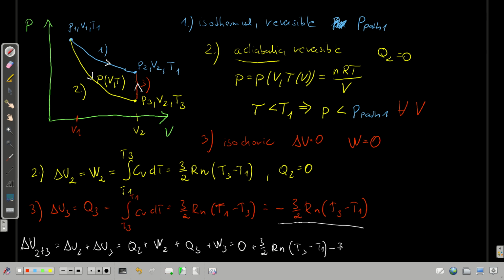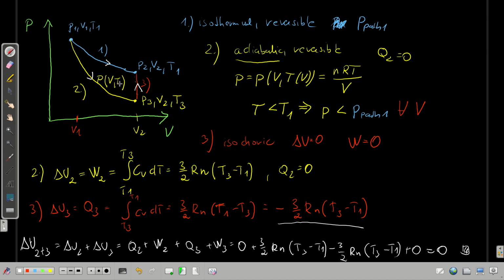It's minus 3/2 Rn (T3 minus T1), which is essentially the same term as here. And finally, in the third step, the isochoric process, the work is 0. So W3 is 0 plus 0. And since these two expressions cancel, everything equals 0, which we wanted to show.